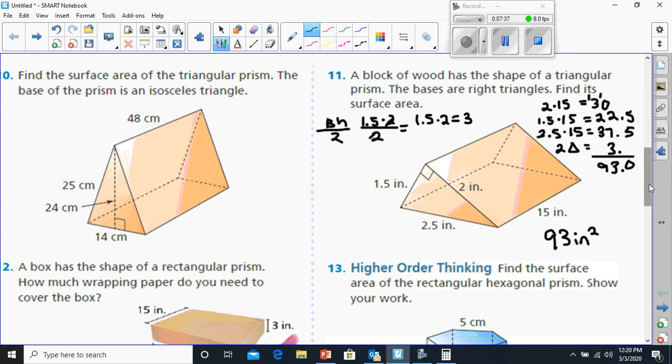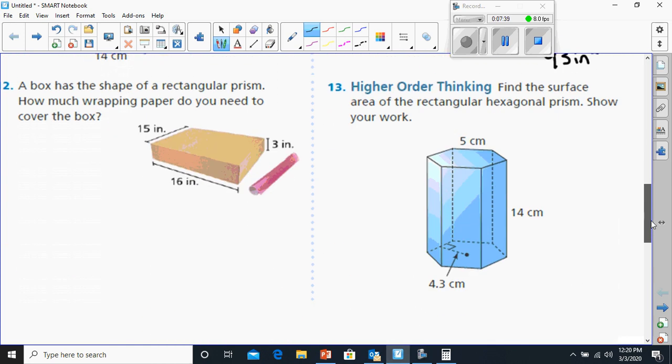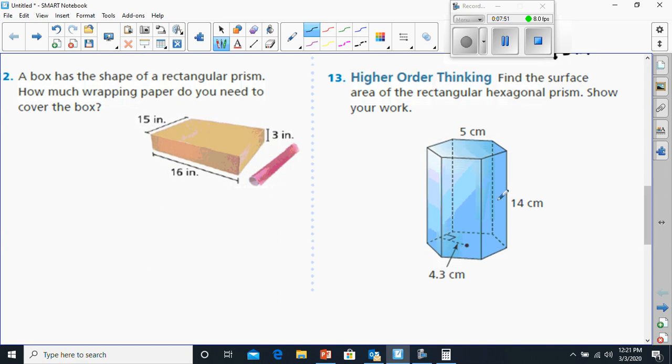And we're ready to go ahead and tackle number 13 now. Find the surface area of this rectangular hexagonal prism. Show your work. Wow, this is going to be something else. Well, we can start with the sides first. We know each side is going to have 4.3 times 14.